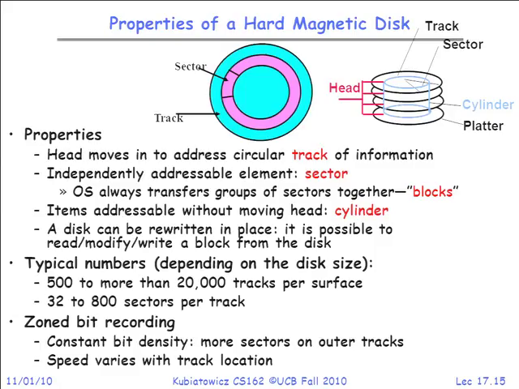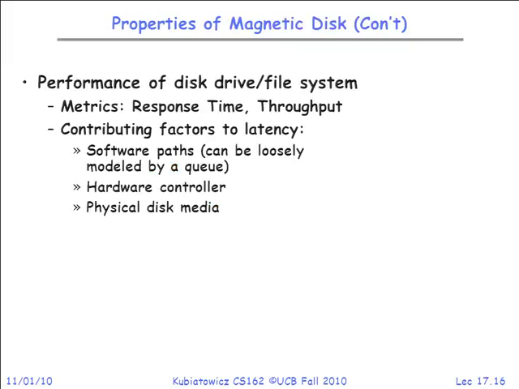But let's suppose we're interested in the performance of these devices. First of all, what are the metrics we care about? Some might be response time or throughput. Response time is from the point at which I make a request until I get my data back. That could involve moving the head, waiting for things to rotate, and then reading the data off the disk. So there may be multiple things involved in getting my data back.